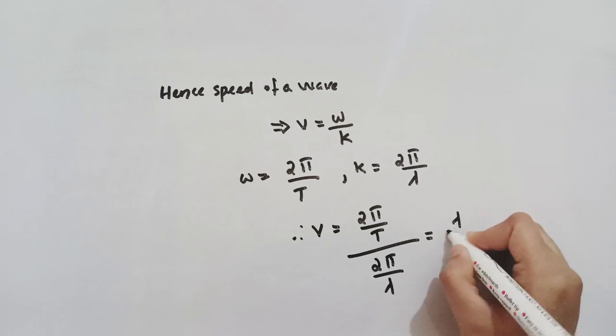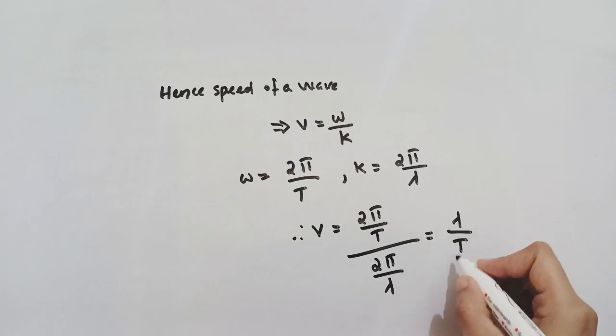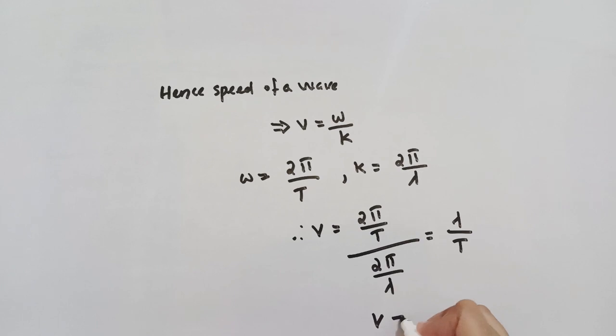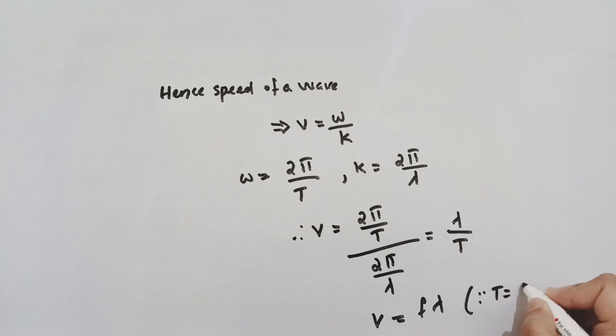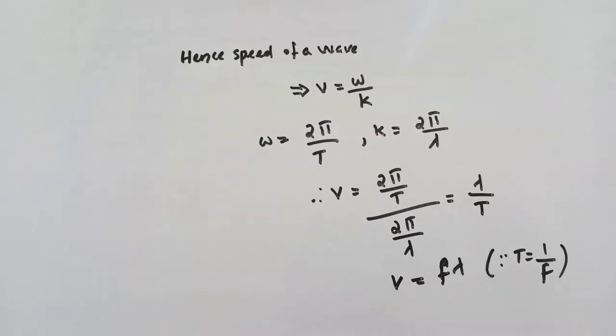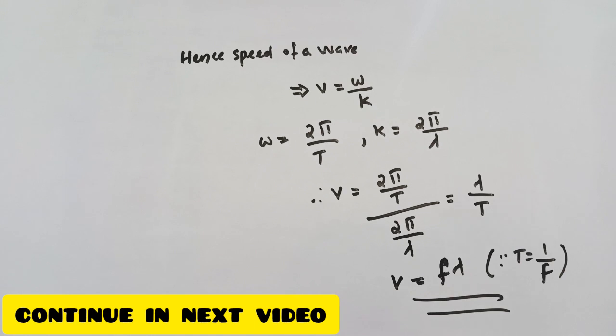We get v = λ/T, or v = fλ, because T = 1/f. This is the equation for speed of a wave.